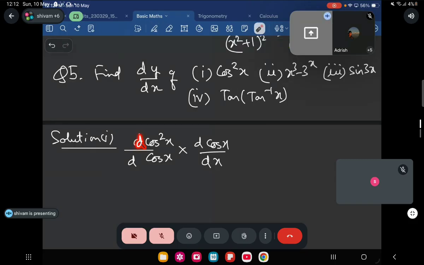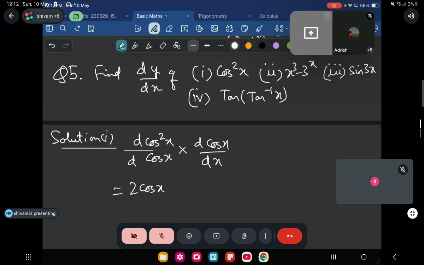Now see, it is actually d theta square with respect to d theta. So what will it become? 2 into theta to the power 2 minus 1. So it will become 2 cos x. And what is d by dx of cos x? Minus sin x. So this will become minus 2 sin x cos x.